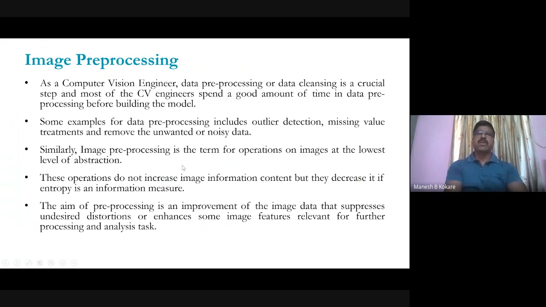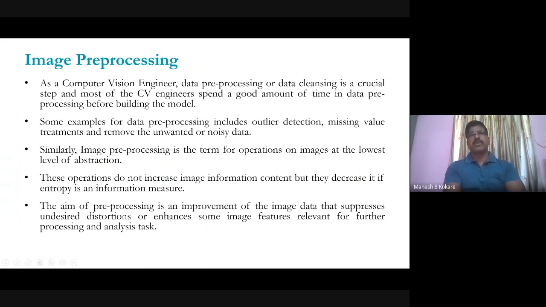Image pre-processing is the term for operations on images at the lowest level of abstraction. These operations do not increase the information or content of the image, but they decrease it if entropy is used as the information measure, which is generally used in computer vision, image processing, or machine learning applications. Generally we try to remove the unwanted things from the images, and that is pre-processing.